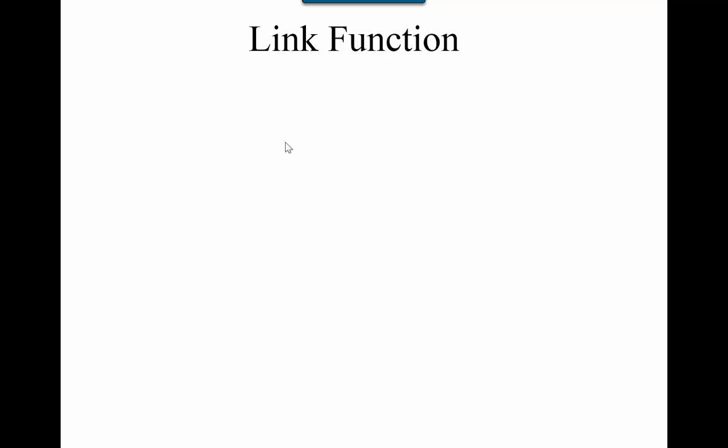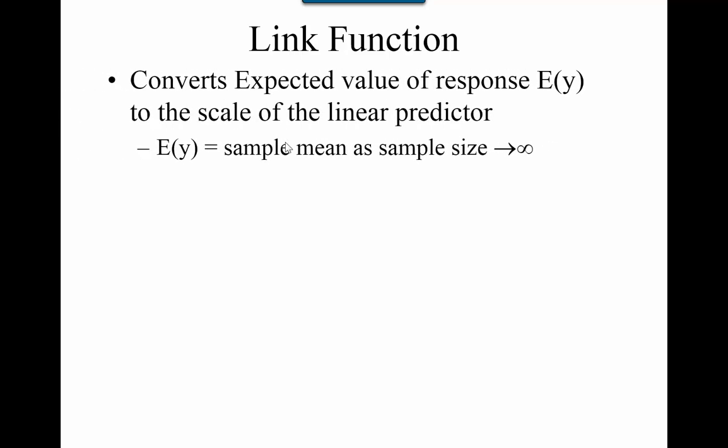Link functions are where it really gets a little tricky to understand mentally what's going on. What a link function does is it converts the expected value of the response to the scale of the linear predictor. So the expected value of y is what the sample mean goes to as the sample size goes to infinity.